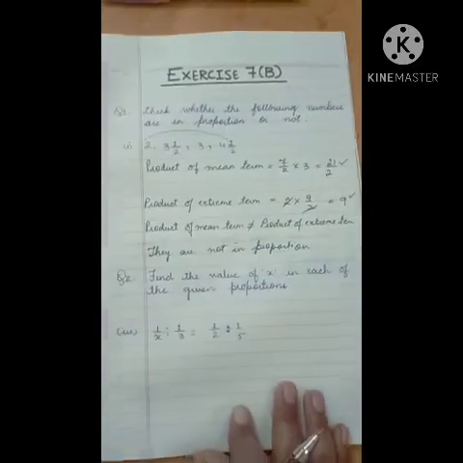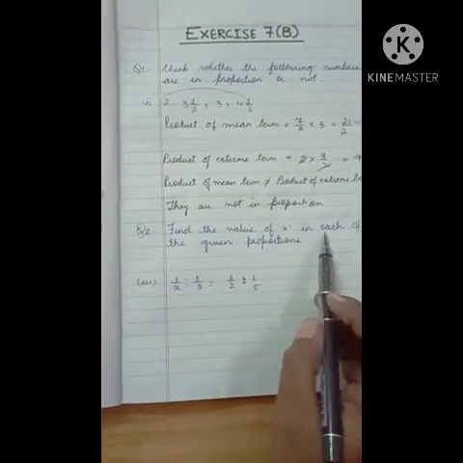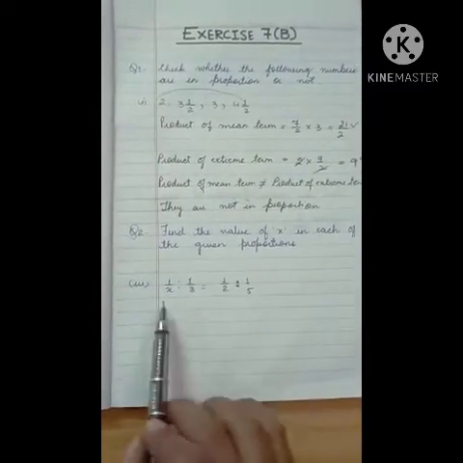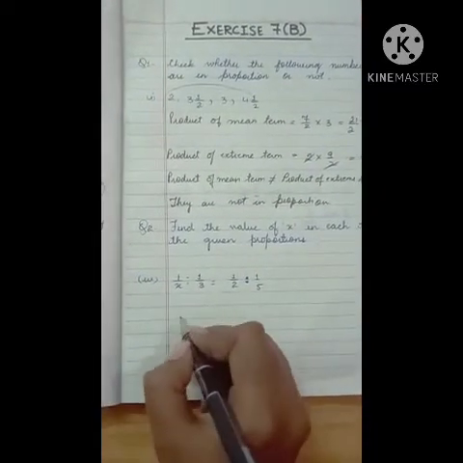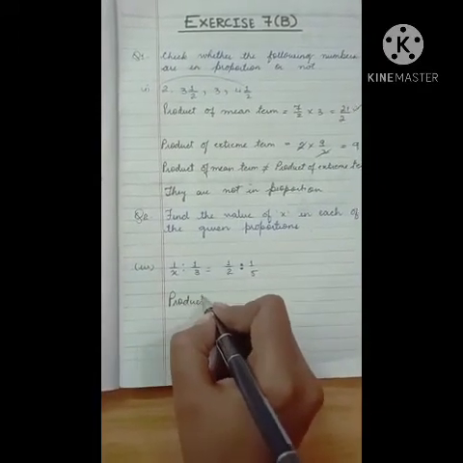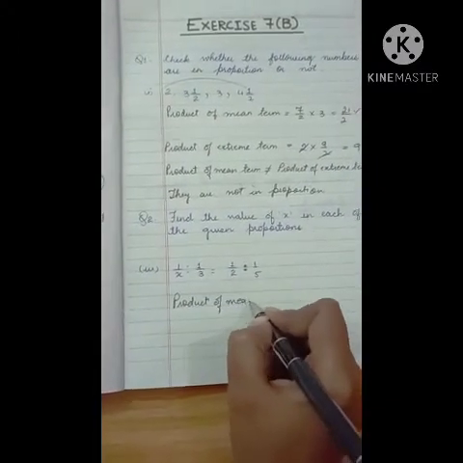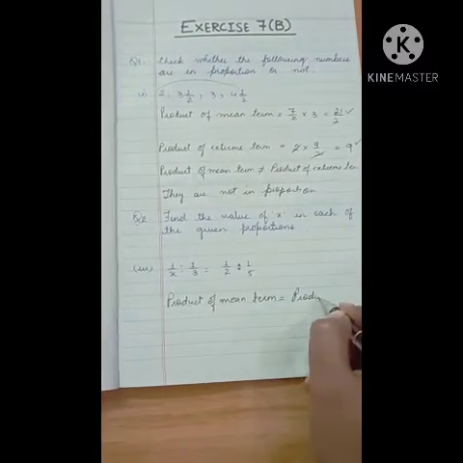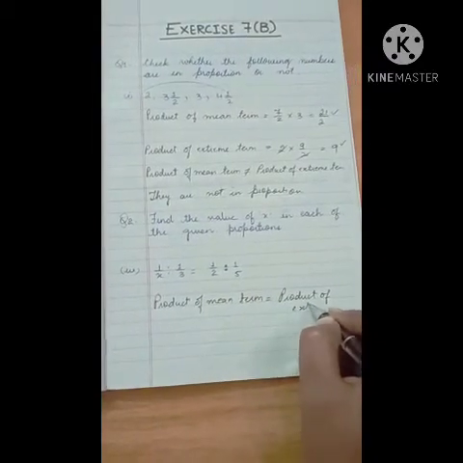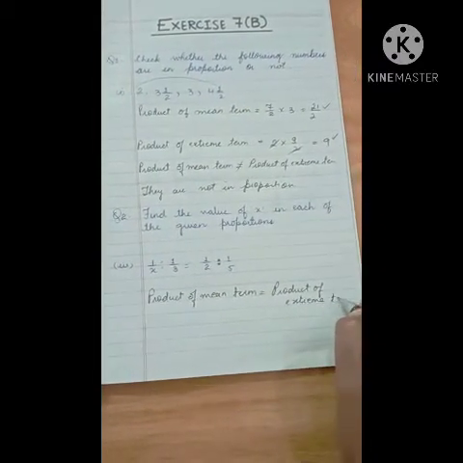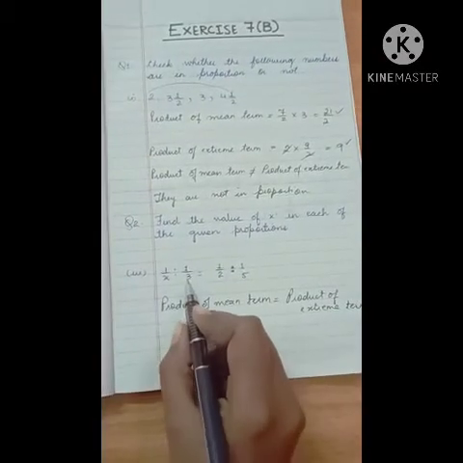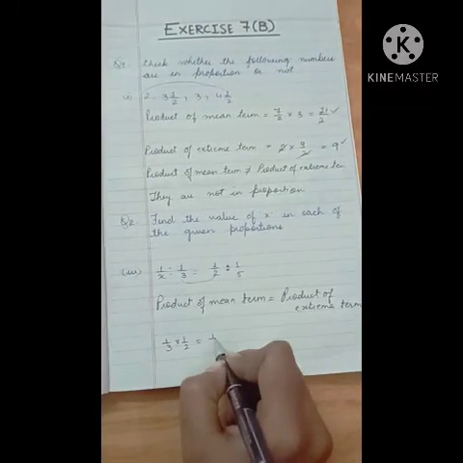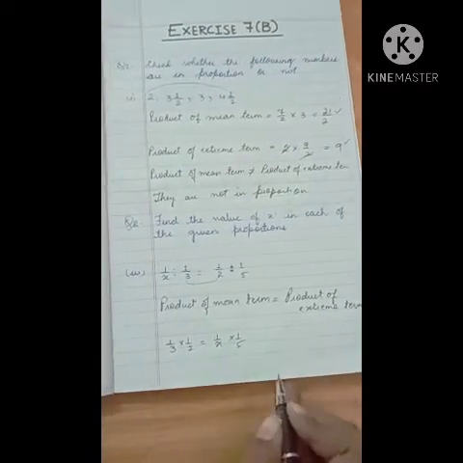Okay. Now see this one. Find the value of x in each case of the given proportions. So here it is clear that they are in proportion. So here we use the formula product of mean terms is equal to product of extreme terms. It means 1 by 3 multiplied by 1 by 2 is equal to 1 by x multiplied by 1 by 5.